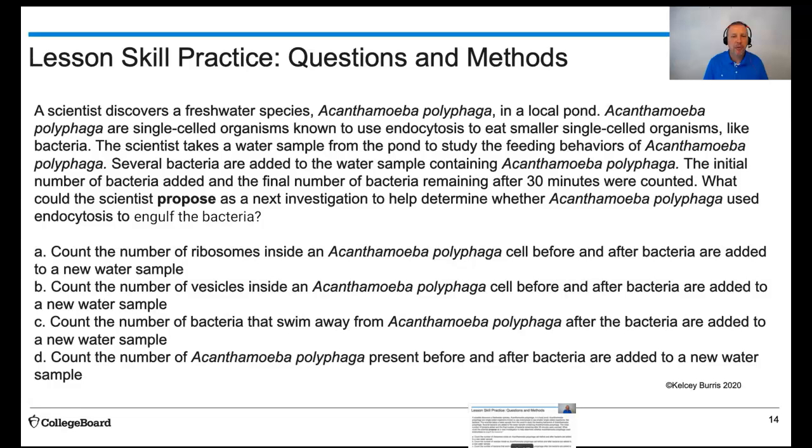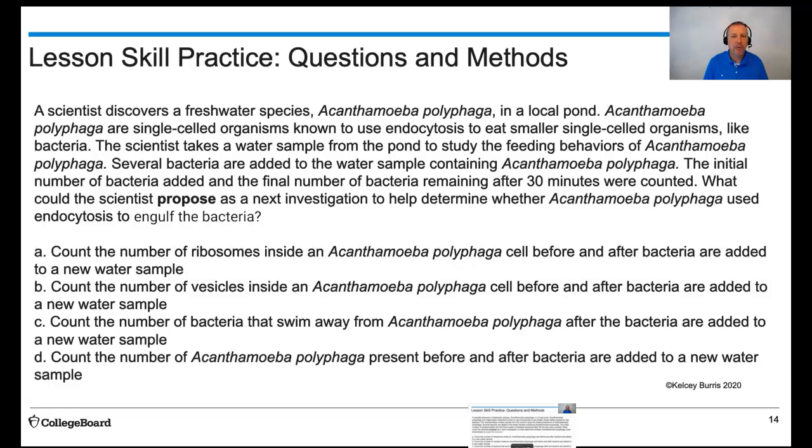Let's see what kind of experiment they're doing here. A scientist discovers a freshwater species called Acanthamoeba polyphaga in a local pond. This little single-celled organism is known to use endocytosis to eat smaller single-celled organisms like bacteria.